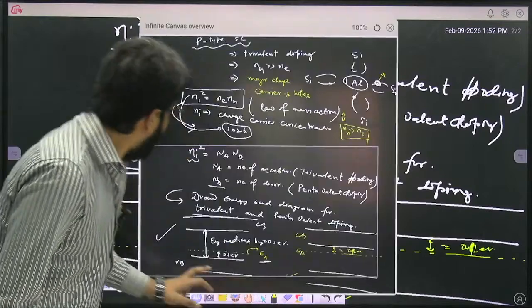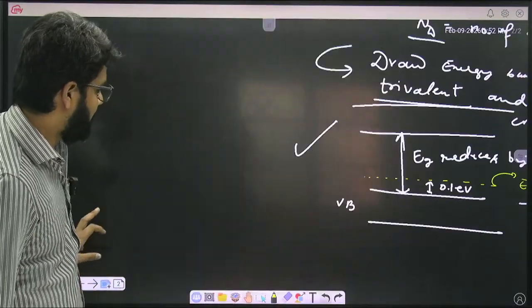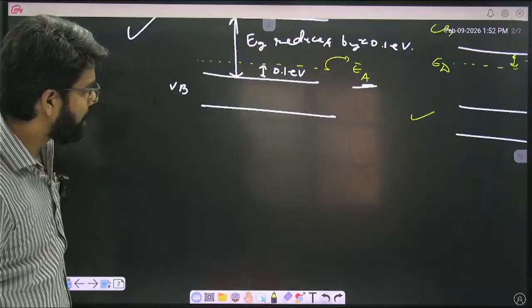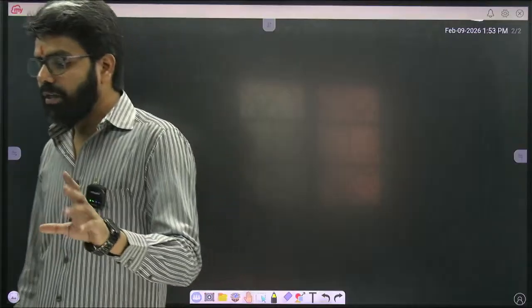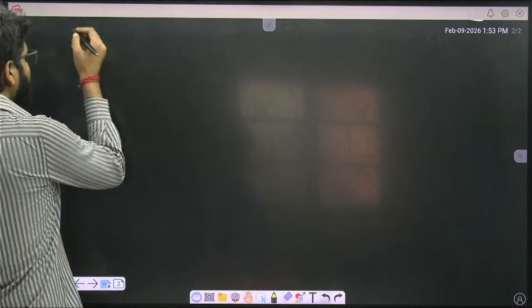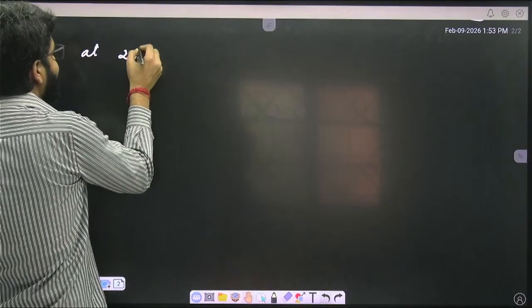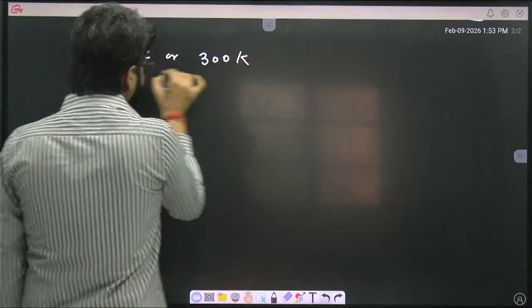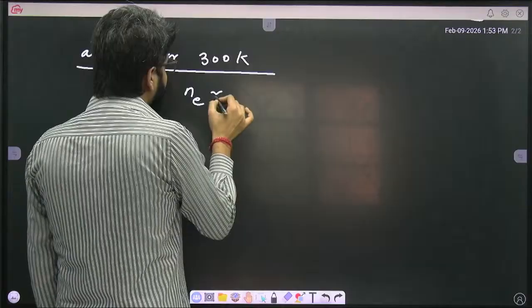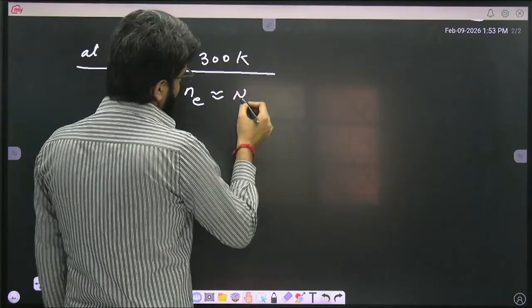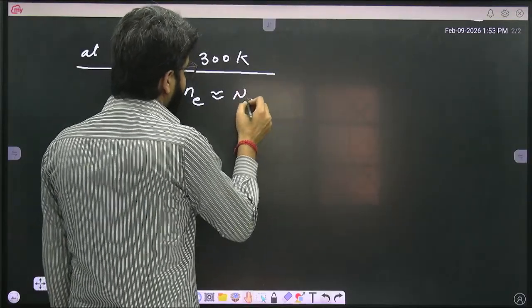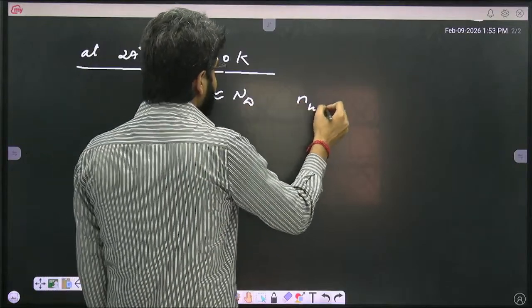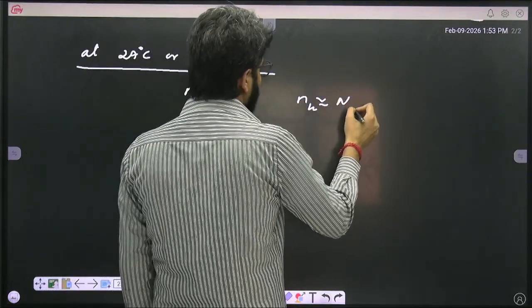How are they asked? One question they can ask this time related to this, as I already told. Suppose at 27 degrees Celsius or 300 K, Ne is approximately equal to the donor number ND, and NH is approximately equal to Na.